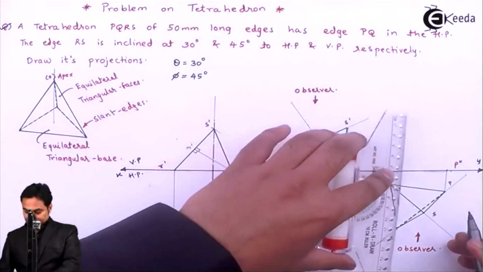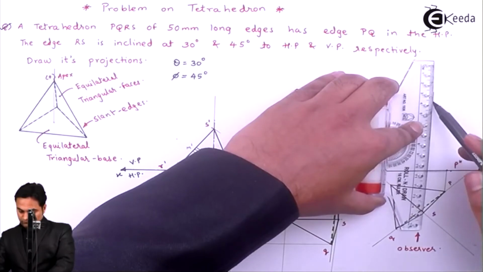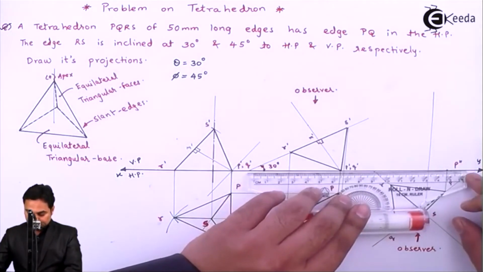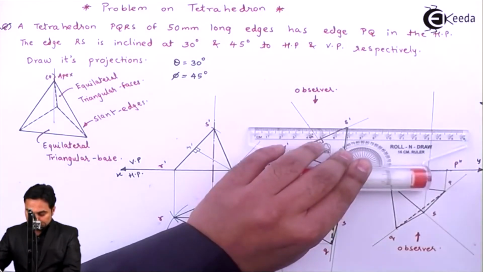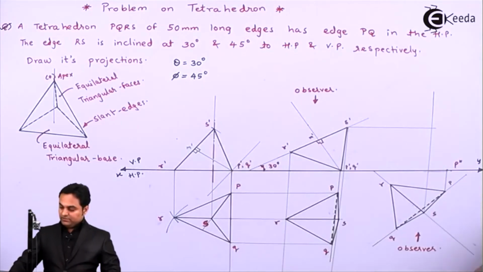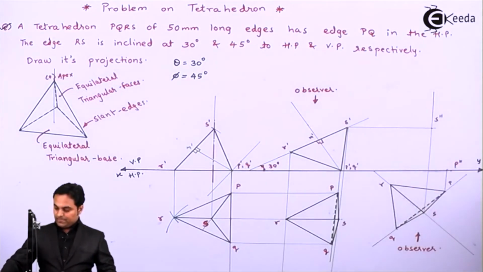Next, point S, and here we have S dash. So wherever S and S dash intersect, that will give me S double dash.